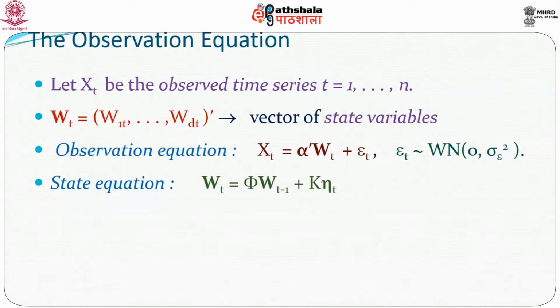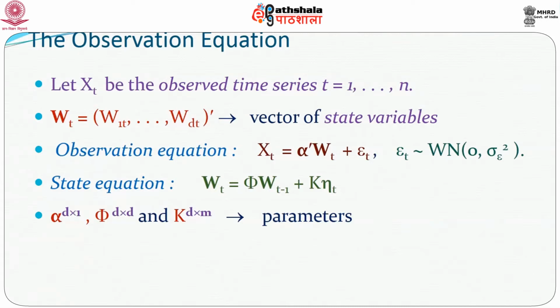It's an AR(1) model, but it's based on unobservable variables. In this case, phi is a d by d matrix and K is a d by m matrix. So, together we have alpha, phi and K as the parameters of the model.